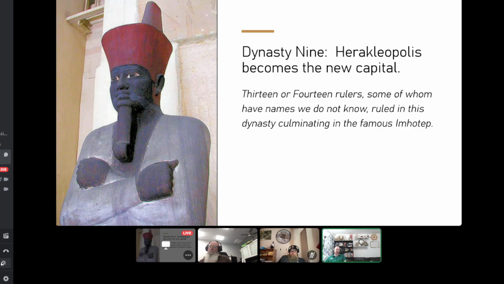Okay, you'll see that the Memphites had their own artistic traditions, which had been in place through most of the Old Kingdom, and that they remained during this time period.